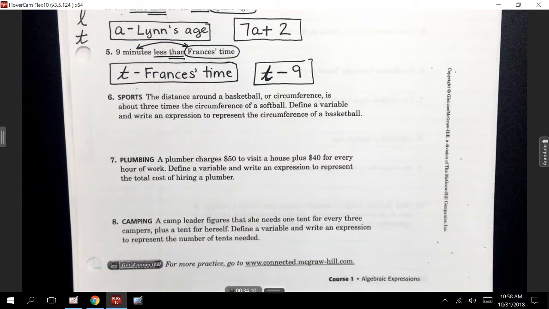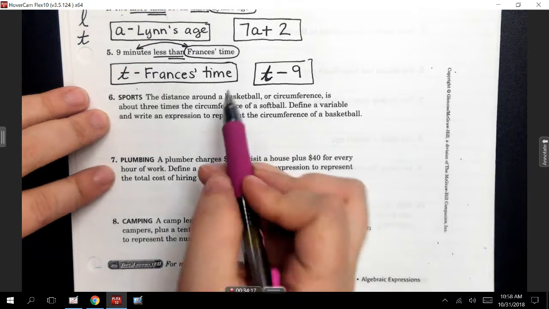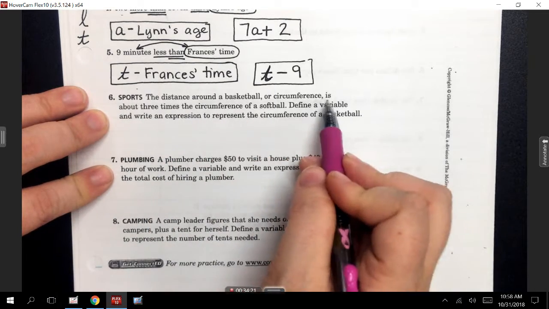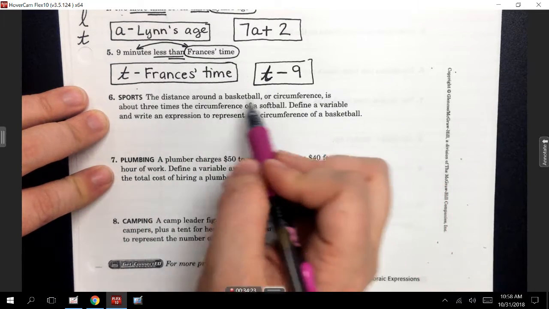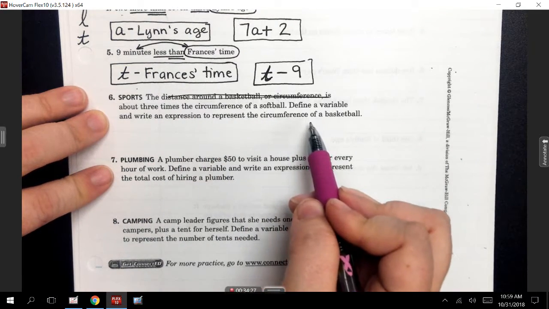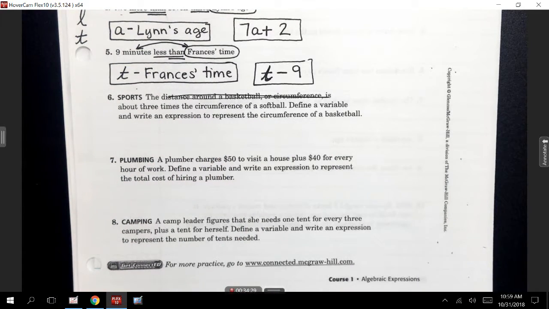Guys, if it's representing the basketball, is it the basketball? No. So am I going to be talking about the distance of the circumference of the basketball? No. Because we want to represent that. So we want to write something without that.